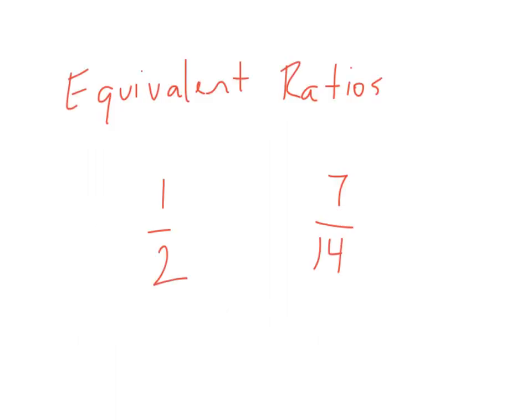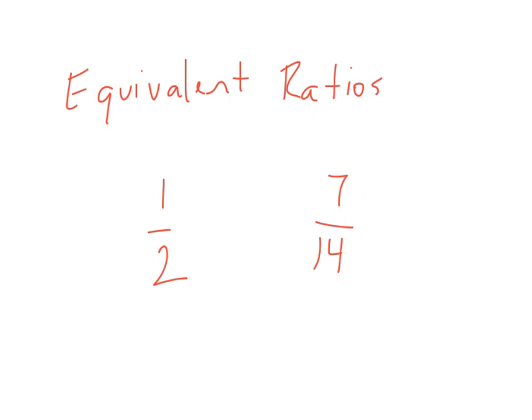To talk about ratio tables, we need to make sure we're good on equivalent ratios, and given the first lesson in this chapter, I think you're probably okay. But let's make sure we understand: equivalent ratios are ratios that, when simplified, end up equaling the same thing. So the ratio of 1 to 2 is equivalent to 7 to 14.